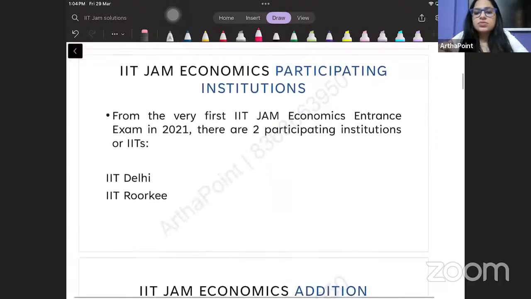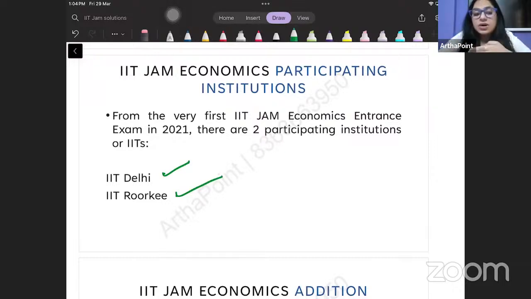Okay, beta. Now, when we talk about the year 2021, तो उस साल आईआईटी में सिर्फ दो ही इंस्टीट्यूट्स थे जो पार्टिसिपेट कर रहे थे. We only had two institutes participating in the year 2021, and that was IIT Delhi and IIT Roorkee, right?